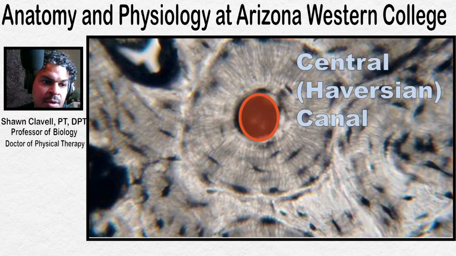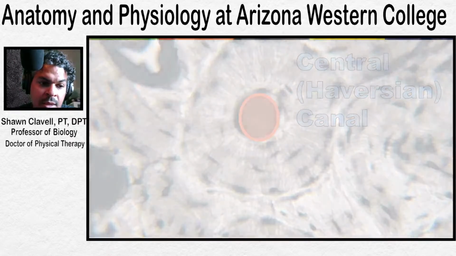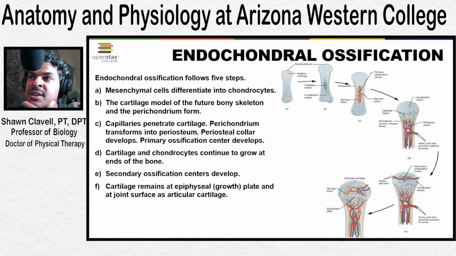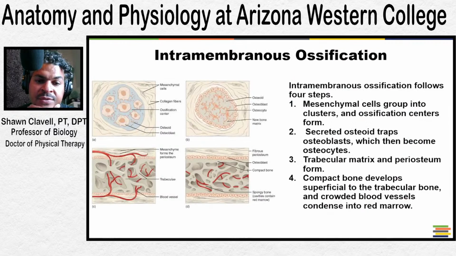And then the other component here is bone development and formation. The two concepts here are endochondral ossification versus intramembranous ossification. Endochondral ossification follows a few steps, and we should be familiar with those, whereas intramembranous ossification follows a very similar format.